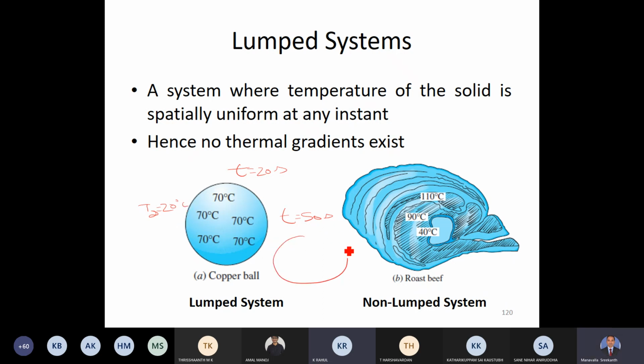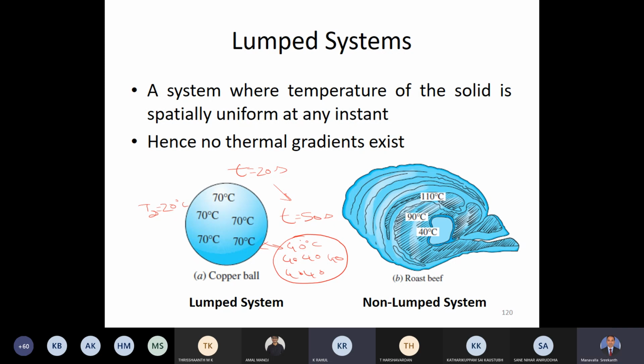After t equal to 20, t equal to 50, that means 30 seconds, the temperatures can be 40 degrees Celsius at different locations: 40, 40, 40, 40. That means the temperature is changing with time, but within the body, the temperature is uniform. Do you understand this difference?